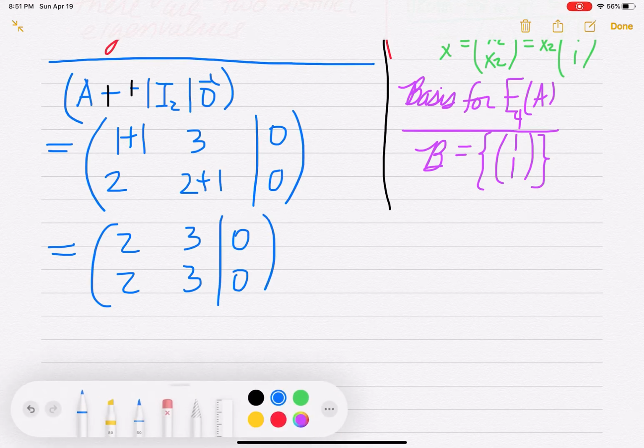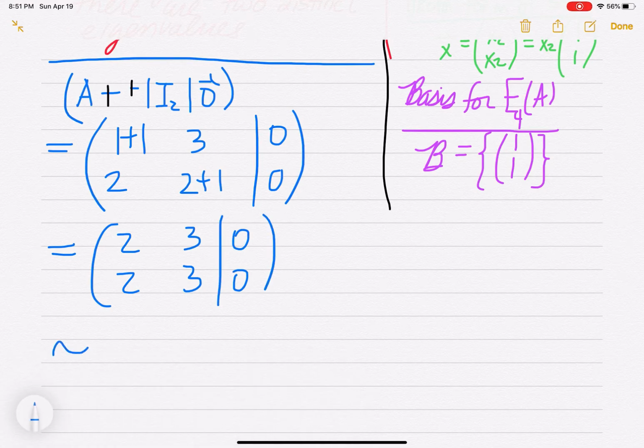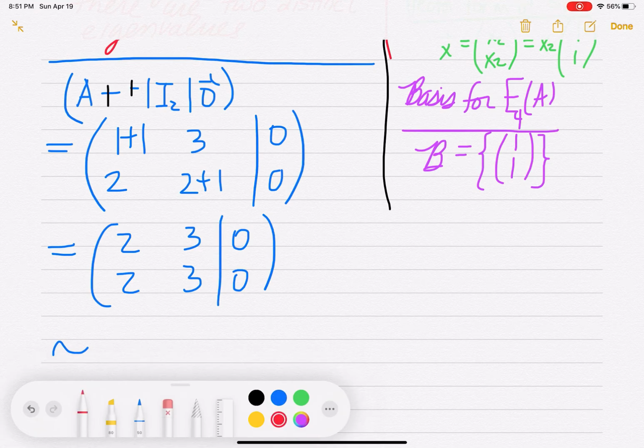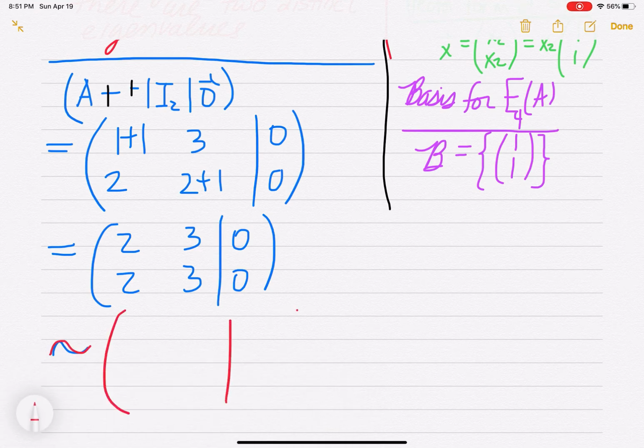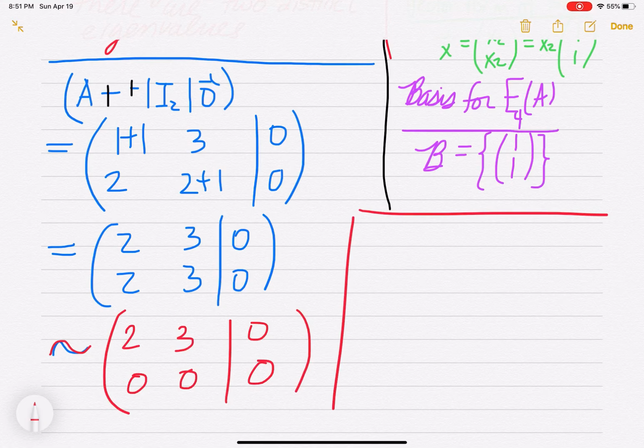So we're going to row reduce this as well. We can multiply the top row by 1, the bottom row by negative 1, and you get 2, 3, 0, 0, 0, 0. And you want to find a general solution to this associated linear system.